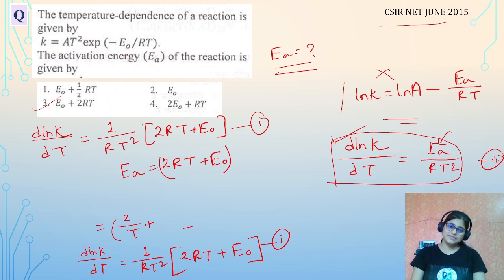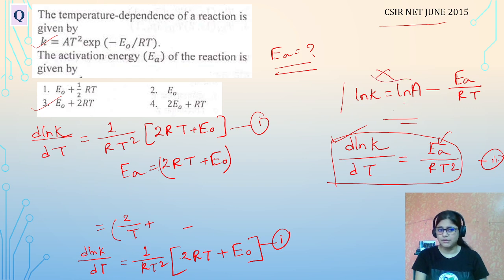You understood this? This is given, so you have to somehow relate it with the Arrhenius equation, but it is not directly there. A T term is there, so just forget about everything and take the ln. When we took the ln also, there was a temperature term which we can't compare with this.